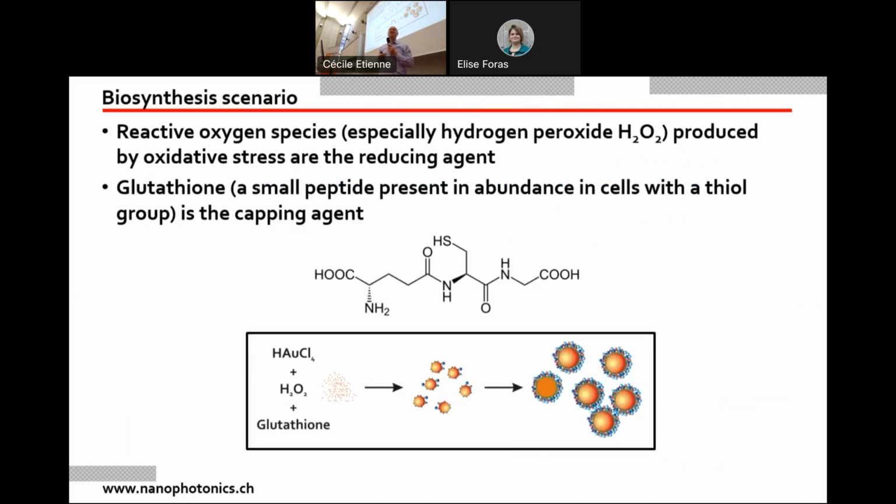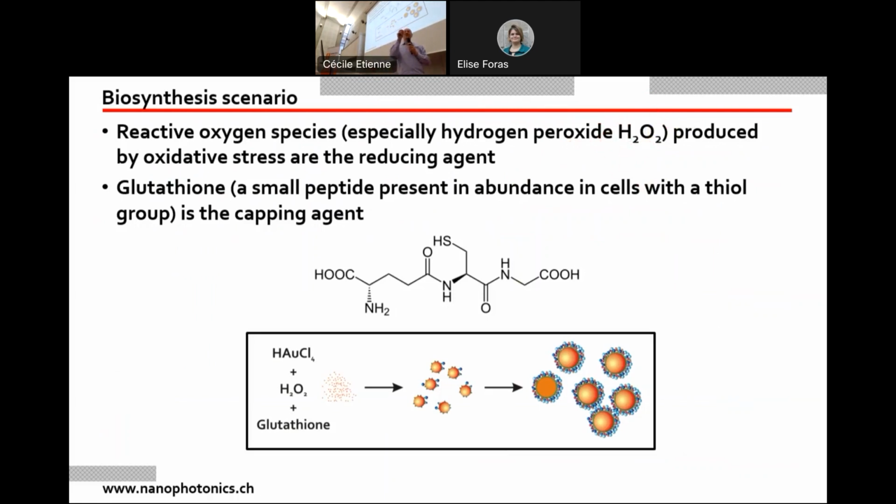Like when you go outside and smoke your cigarette, cadmium is going to produce in your body all these nasty poisons, very reactive species like H2O2, hydrogen peroxide, which is relatively long-lived. And hydrogen peroxide can reduce the gold salt. So probably this could be the reducing agent.